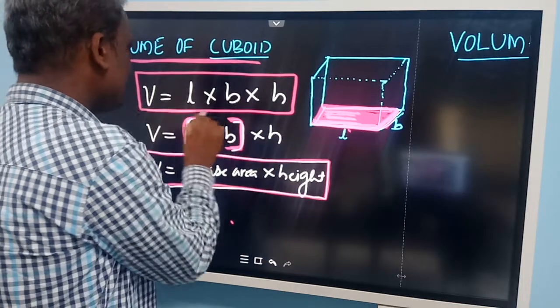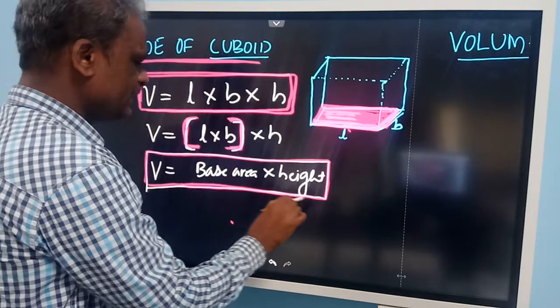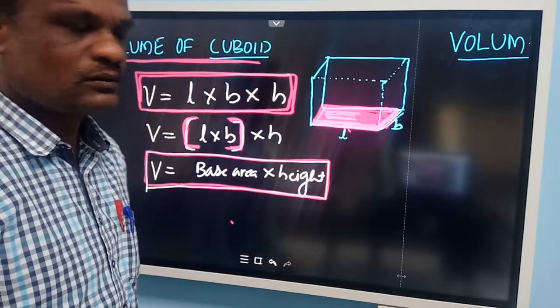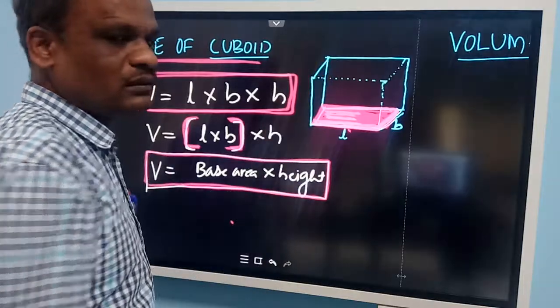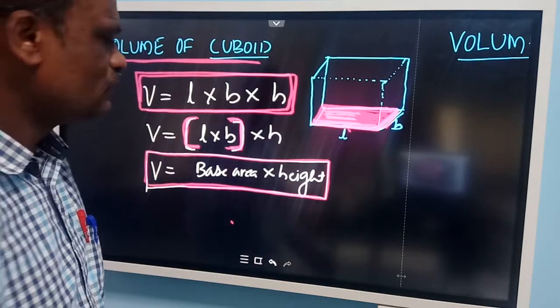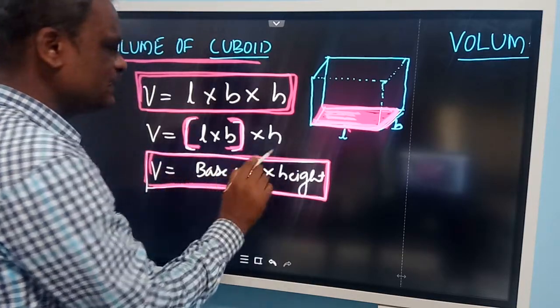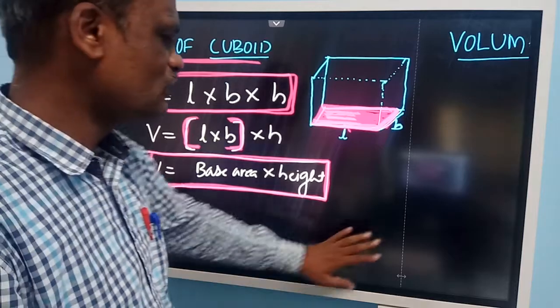You can write L into B into H, or base area into height. Any solid in the shape of a cuboid or a cube, you can use this formula: base area into height gives you the volume.